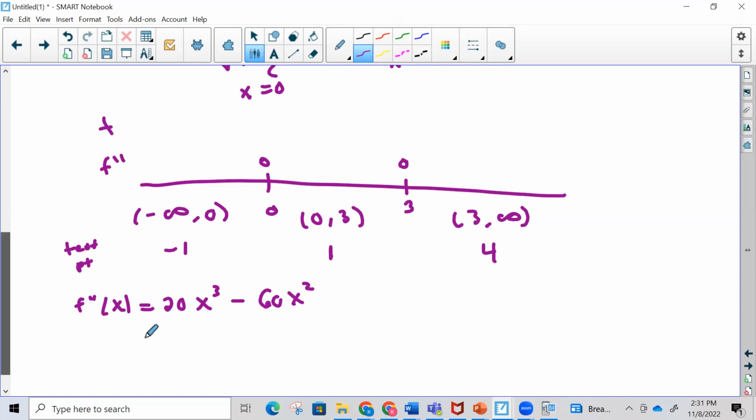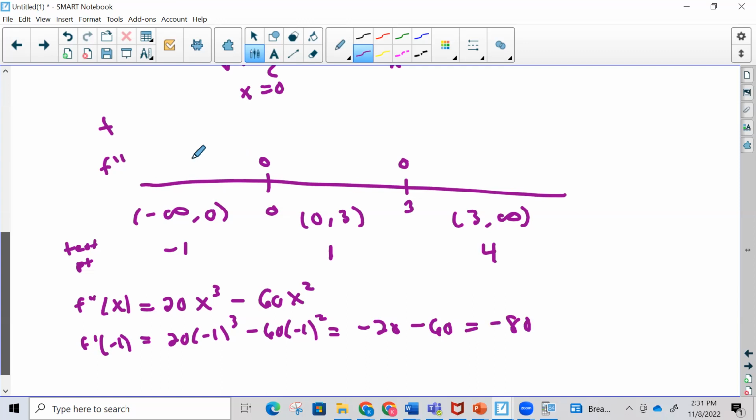Okay, so if I plug in -1, I get -1 times 20, so -20, this becomes +1, so -60, okay, so that's a -80. So this is negative and it's concave down.